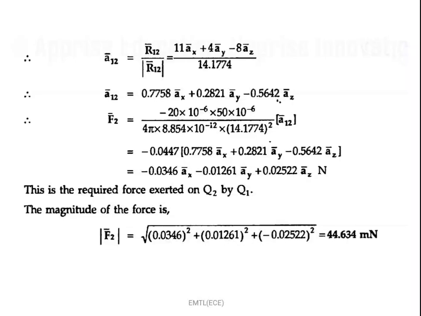So the magnitude of the force is the square root of the coefficient of the square of ax and the coefficient of the square of ay, that is 0.0346 whole square plus 0.01261 whole square plus minus 0.02522 whole square.